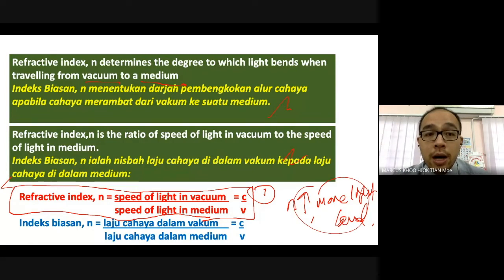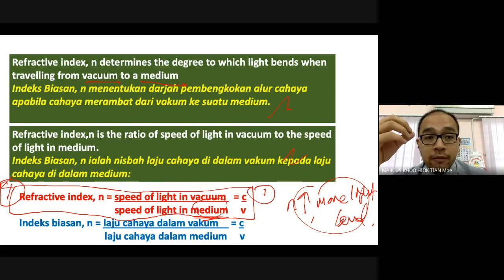So how do you calculate the refractive index? This is method number one. You calculate the speed of light in vacuum divided by the speed of light in the medium. The medium can be glass, water, oil, plastic. All of these are media. But the speed of light in a vacuum is a constant.